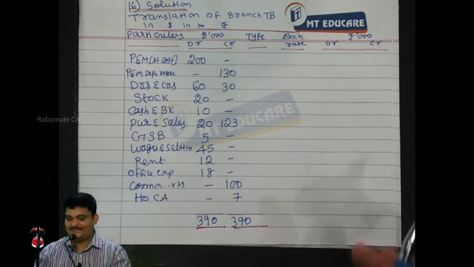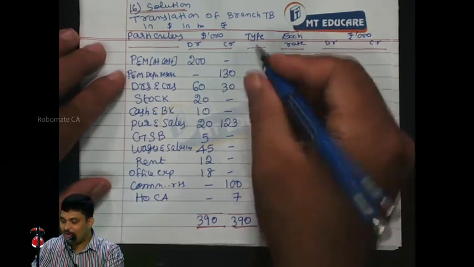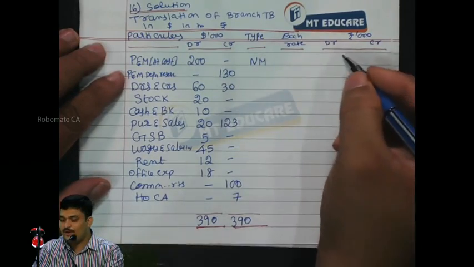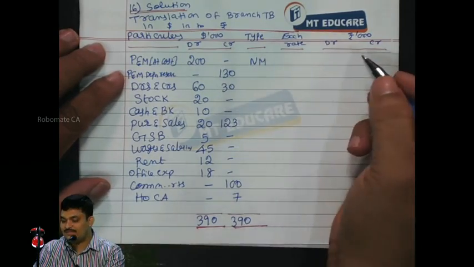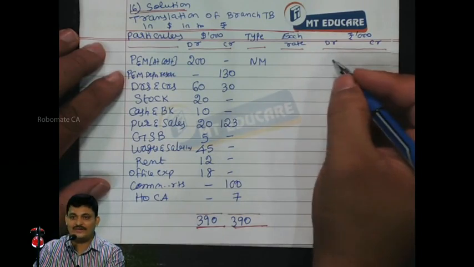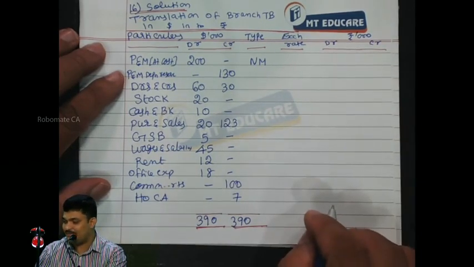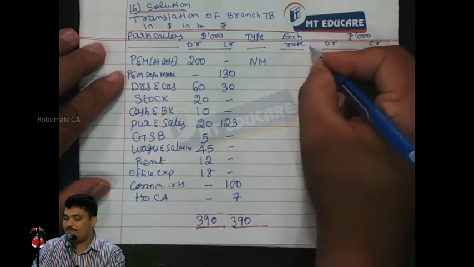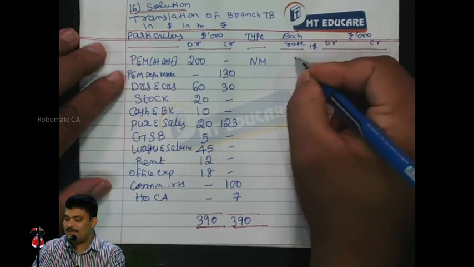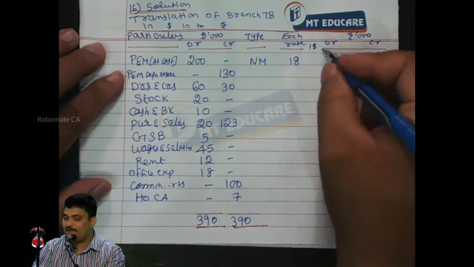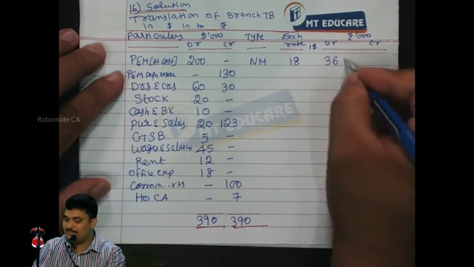Let us classify. Non-monetary item, that's very good. Non-monetary, friends, thereby it is the actual rate. For fixed assets, they have given a specific rate. So the exchange rate for $1 is 18. Correct? 3,600.